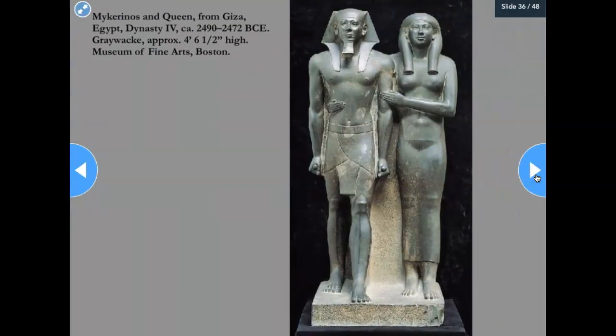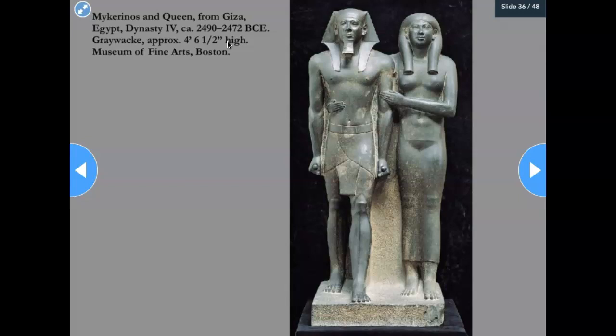So I want to talk a little bit about this sculpture, and you can see it. It's about 4.5 feet high. Very cool to go and see something that we learn about in our book, right, that we have here in Boston. So he's believed to be the successor to Chephren, and he's standing in this very typical Egyptian pose, right?